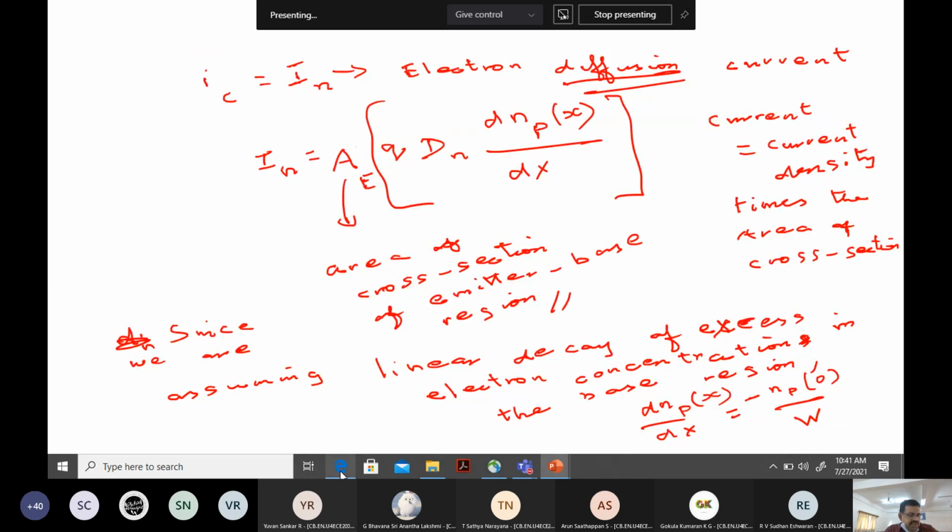We have got this equation. Now I have already told you that IC equals IS exponential of VBE by VT.